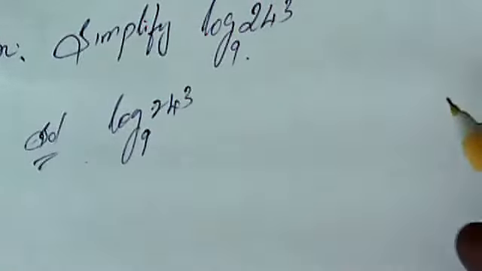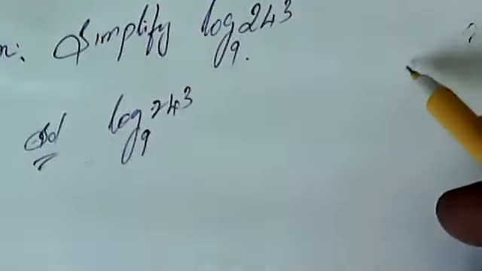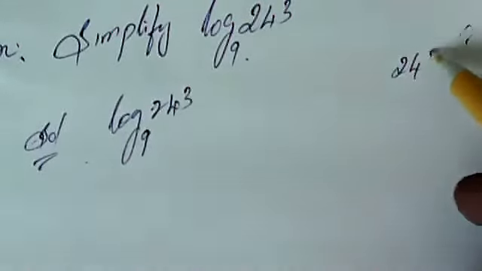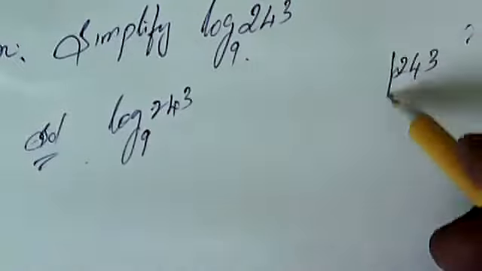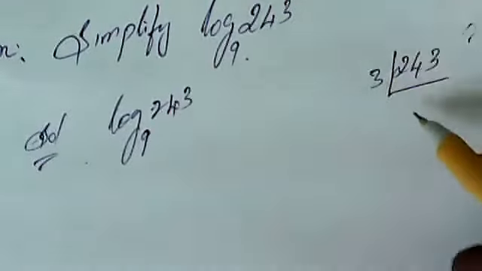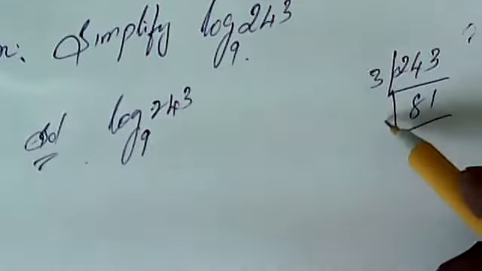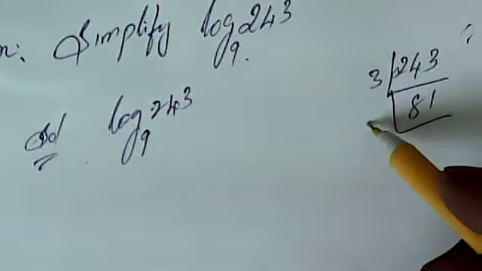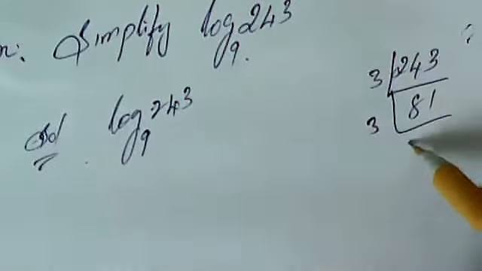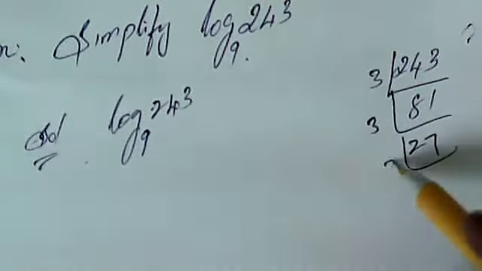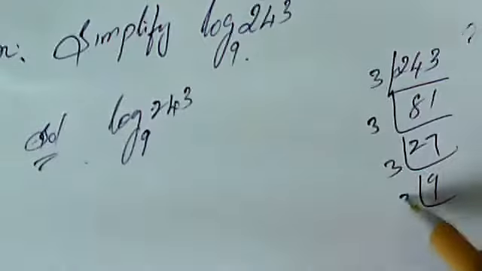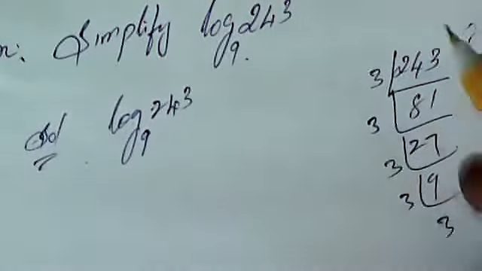Let's see this 243. It is divisible by 3, and 9 means 3 square. 243 is 3 to the power 5. Counting: 3 3 3 3 3, that is 5.